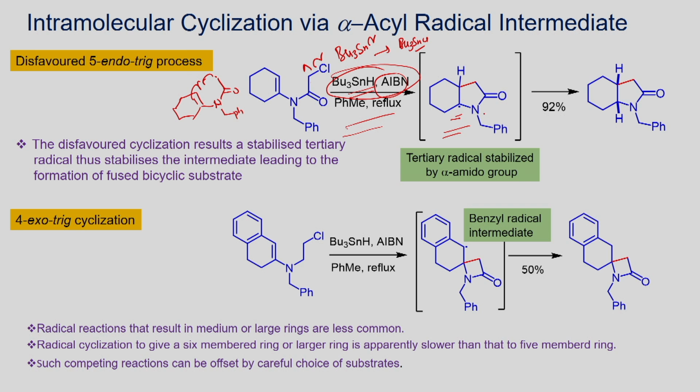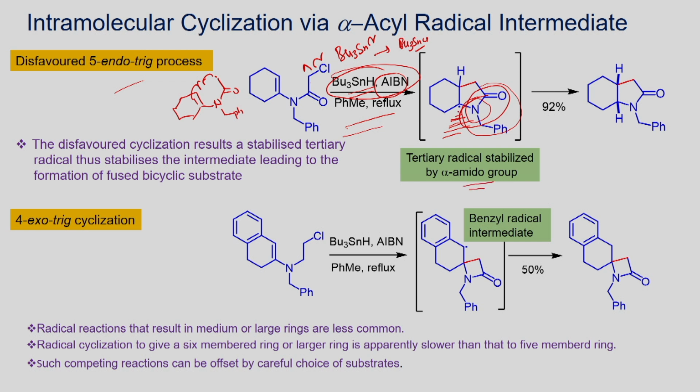This radical can be stabilized by this amide. Usually exo cyclization is favored. In this case the endo process is involved, because the radical can be stabilized by this amide group.